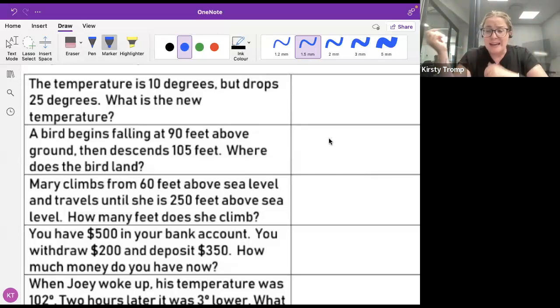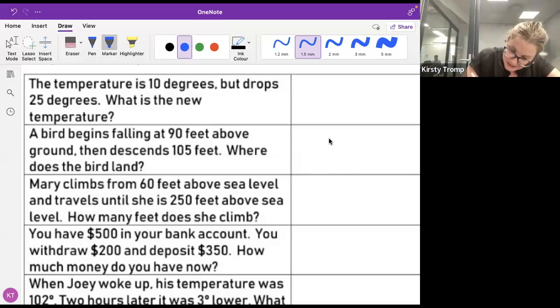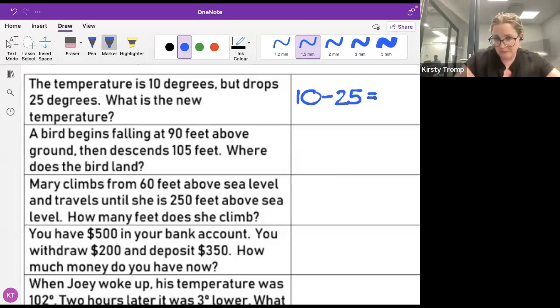And if we're looking at a number line, if the numbers are going down, what's happening? We're going to subtract. So at the moment it's 10 degrees, but the temperature drops by 25. So we need to say 10 minus 25.